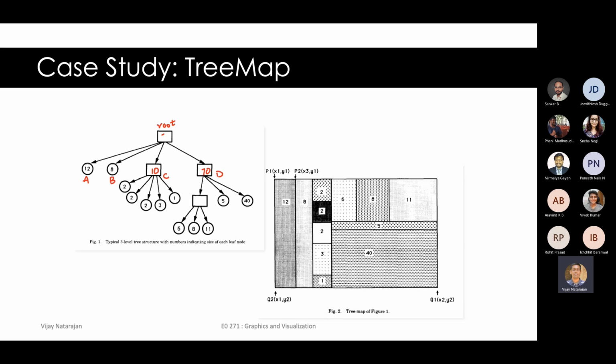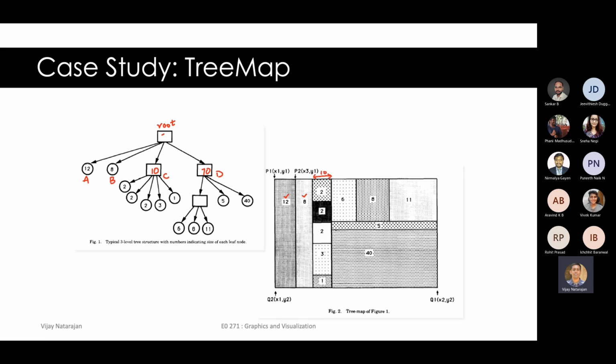So these weights are used to decompose or partition the rectangle into sub-rectangles. The first rectangle has weight 12. So the partition is along the x-axis, right? And so the first child gets weight 12. The next one gets 8, right? And then the third one gets 10, as you can see.